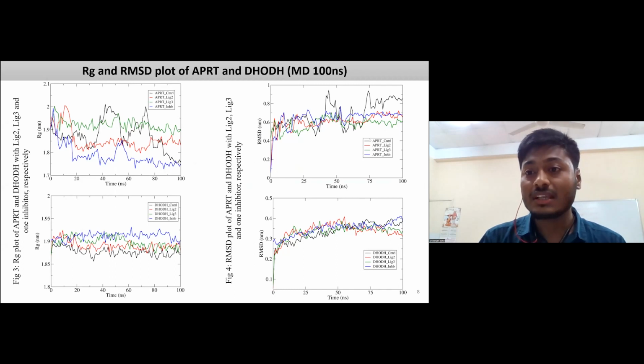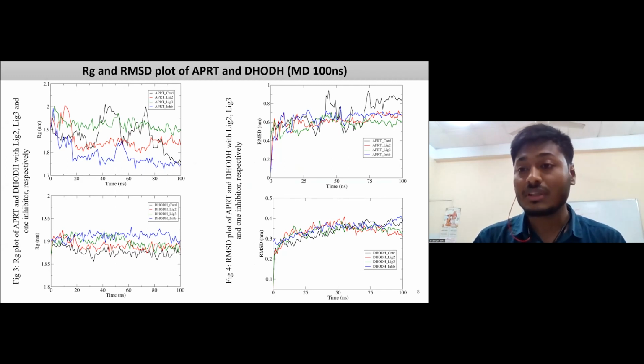So you can see that there is quite good stability in both cases, and not much fluctuation in ligand 2 and ligand 3, irrespective of the other proteins or inhibitor. It is quite stable after 75 nanoseconds, between 0.5 and 0.6, which is very little fluctuation in the last part of the simulation.